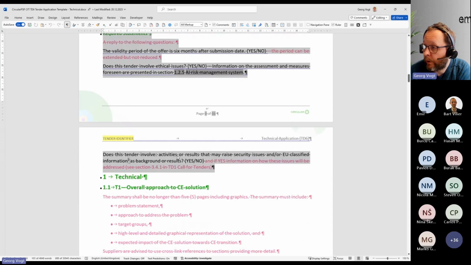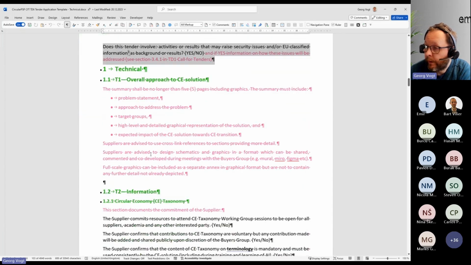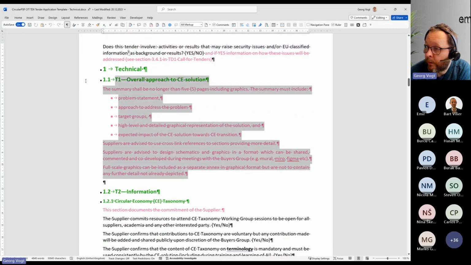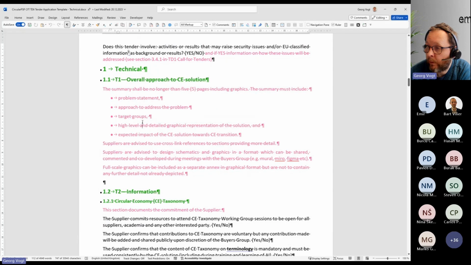There are a few statements which are required, which follow from the challenge brief. And I will not go through the entire file. I would do it exemplarily. Here you basically see that for the section 1.1, which constitutes the subcriterion T1, we expect this content.